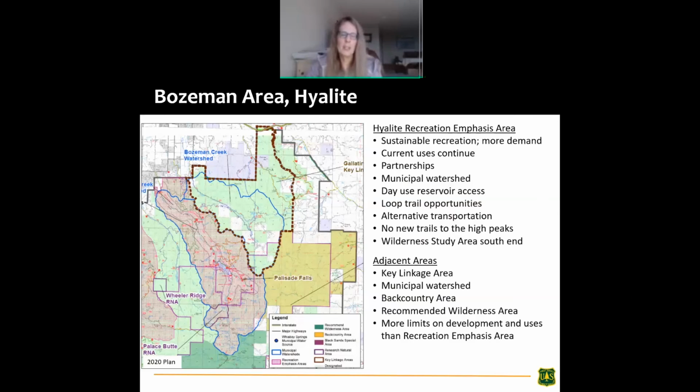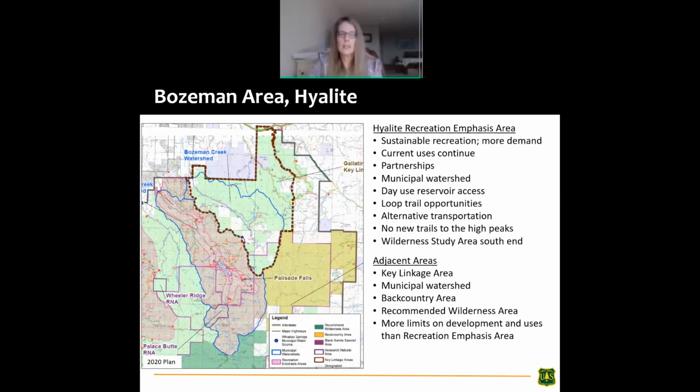But a recreation emphasis area is those places on the forest that already see a high level of recreation and provide opportunities for a wide variety of recreation, a wide range of skills, accessible at different seasons. So it's an area where we see a lot of recreation now, and we can expect to continue to see recreation.